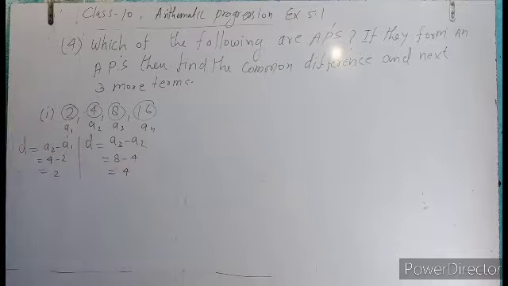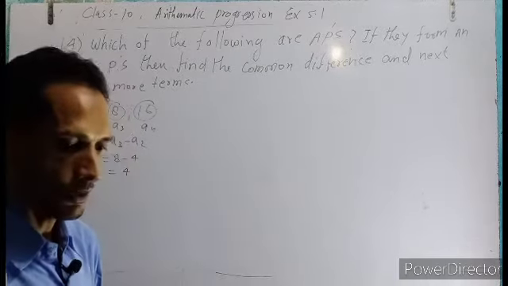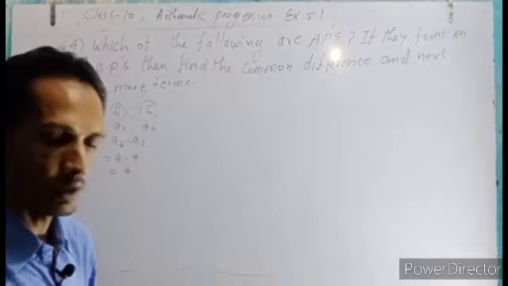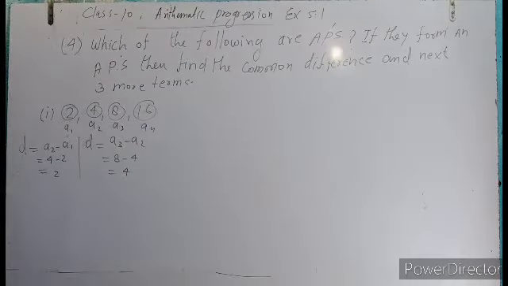So what can we say? The common differences are 2 and 4, for 2, 4, 8, 16. So is it a form of AP? Since common differences are not the same, these do not form an AP. So what can we write?